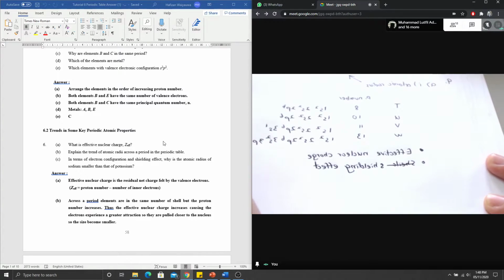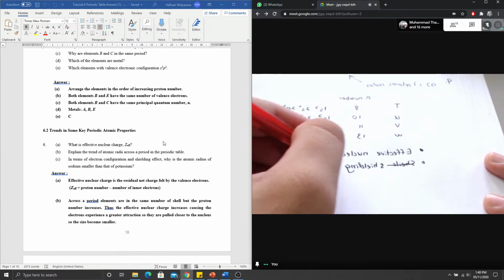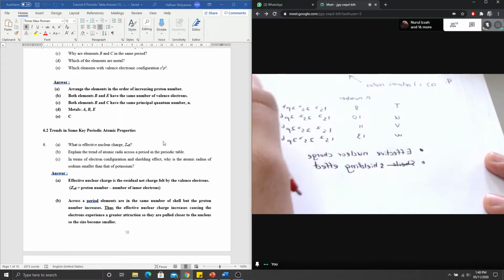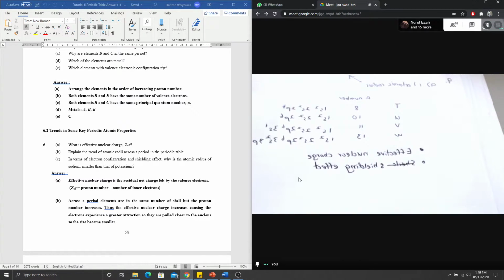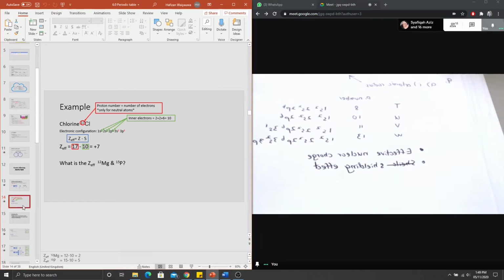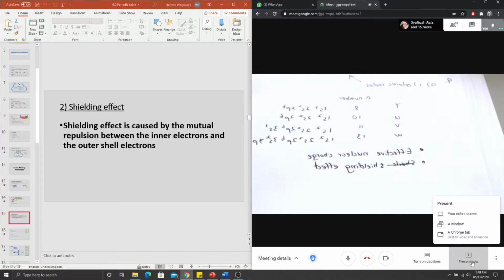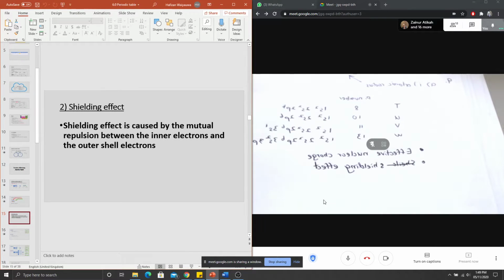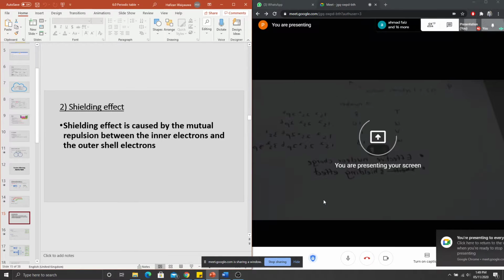Okay, effective nuclear charge we can find. Shielding effect, do you remember what shielding effect means? Let me share.